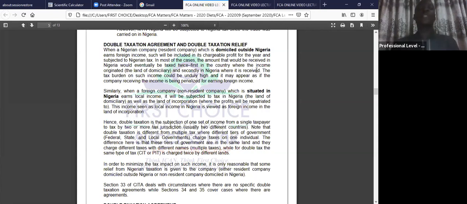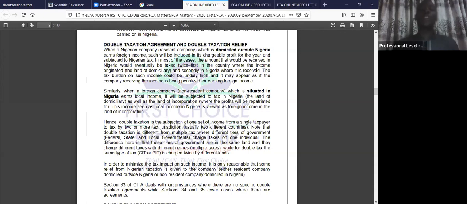Now, what is a double taxation agreement? A double taxation agreement is an agreement that Nigeria enters with other business partners it is doing business with. You know, some of the Nigerian companies are domiciled outside Nigeria, and so they know that they are doing business with Nigeria.